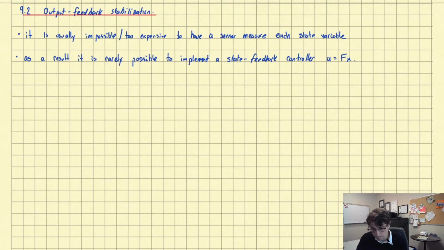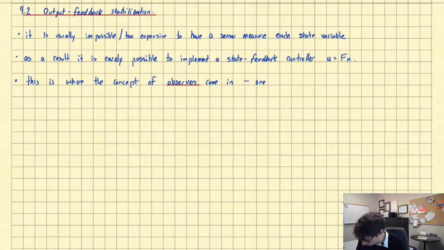And so, how do we deal with this? In this section, we're going to deal with it by introducing a concept called an observer. So this is where the concept of observers come in, to deal with the fact that we do not have sensors for every state variable.